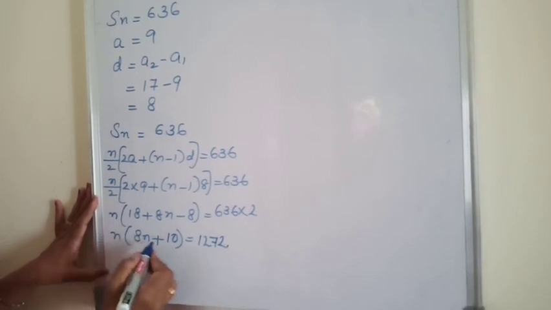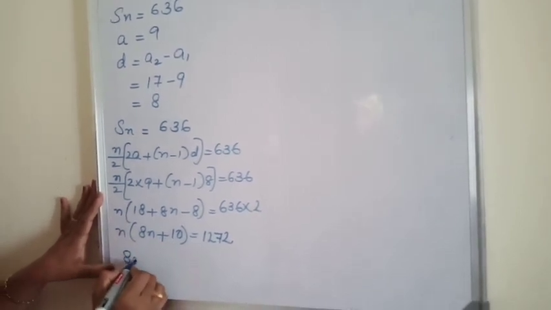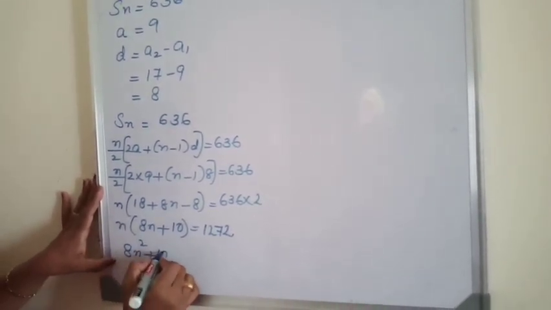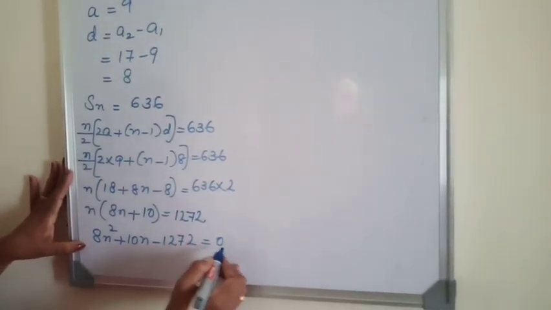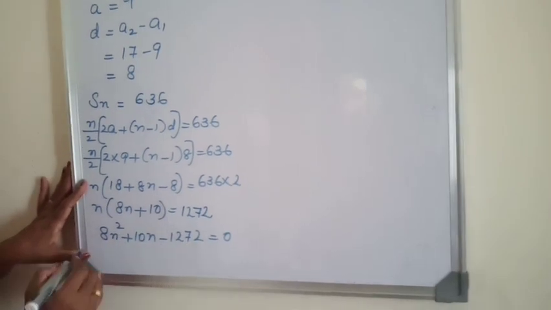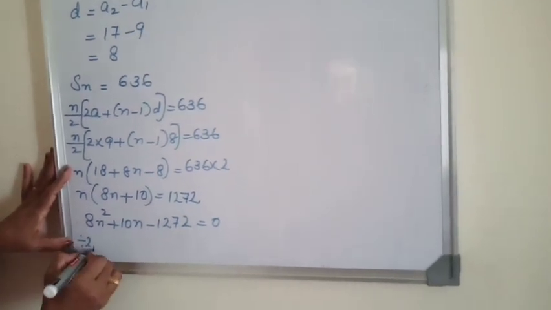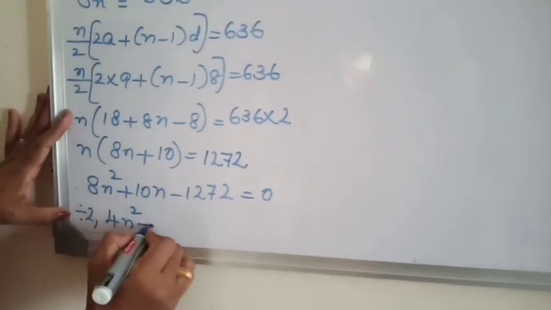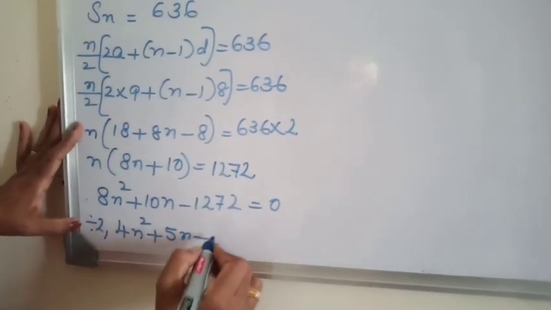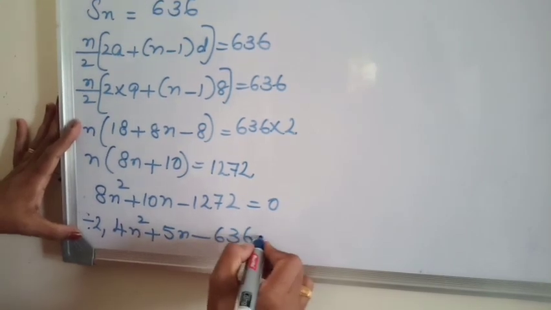Now we will multiply n inside the bracket. 8n square plus 10n minus 1272 is equal to 0. Here throughout the equation we will divide by 2, as 2 is the only common factor. So divide by 2: 4n square plus 5n minus 636 is equal to 0.